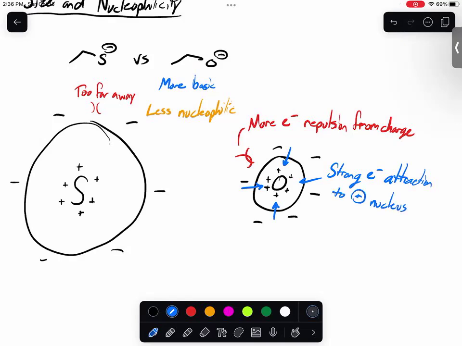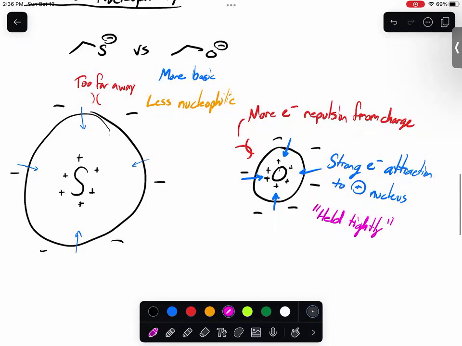And so because of that, since they're so much closer with oxygen, that means that those charges are feeling the attraction more. And so we would say that they are held tightly, right? The charge is held tightly and it's happy there, especially with oxygen's electronegativity. Sulfur, on the other hand, these charges are further apart. And if you've taken physics before, you know that it's a square in terms of the radius increasing. The drop off is a square in terms of force felt between the two. And so, with that being said, the sulfur is not holding onto this negative charge very well. It's held very loosely.